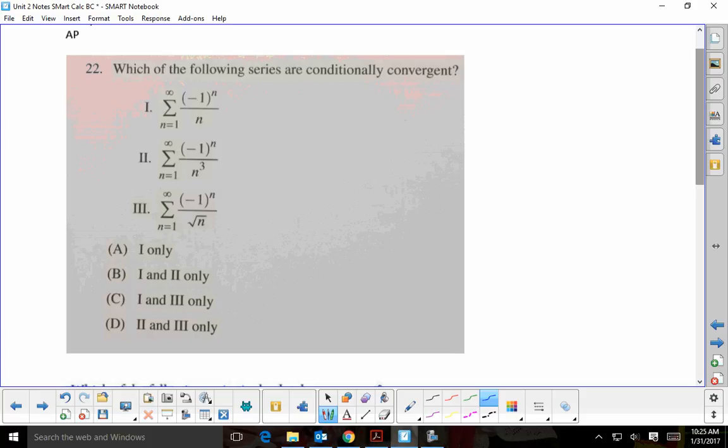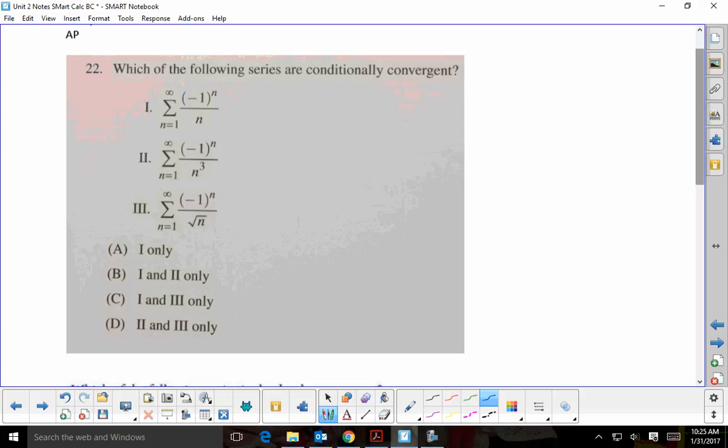This concept has been around forever since calculus, but AP is just now putting on absolute versus conditional. So it will be on the test somehow, because it's their first year putting it in the curriculum.